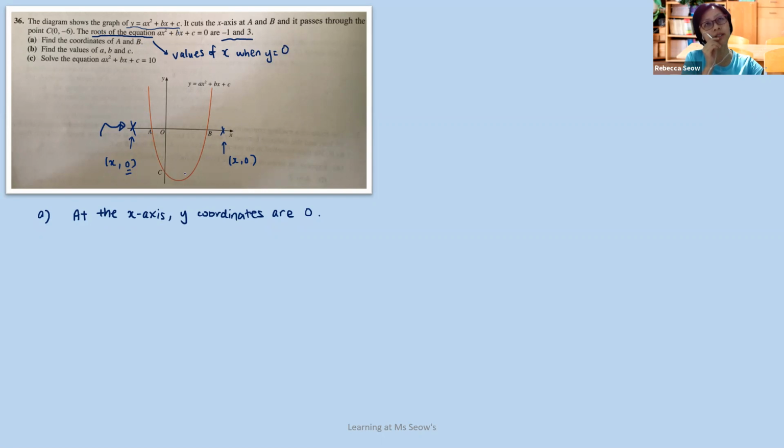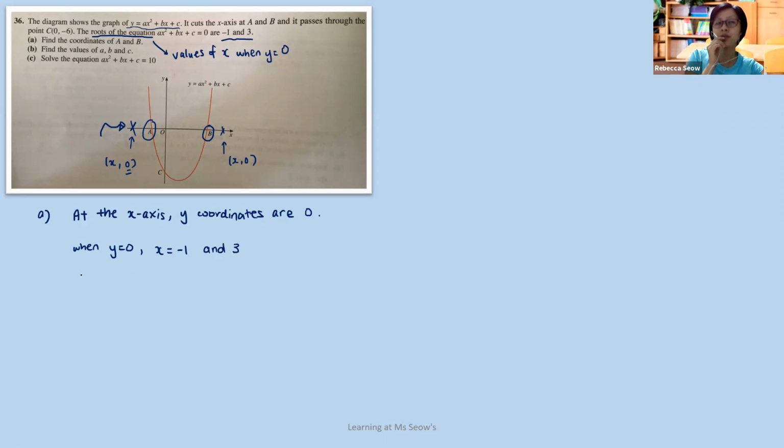If you look at this quadratic graph, the points where y is equal to 0 are indeed at point A and point B. Since it is mentioned in the question that at these two points the roots are -1 and 3, therefore when y is equal to 0, x is equal to -1 and 3.